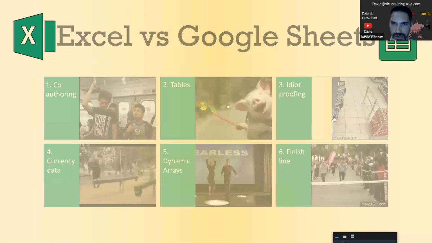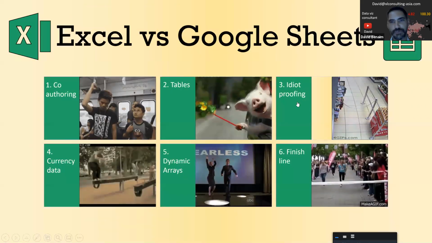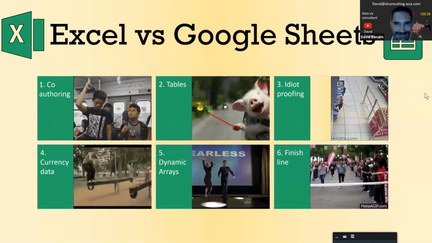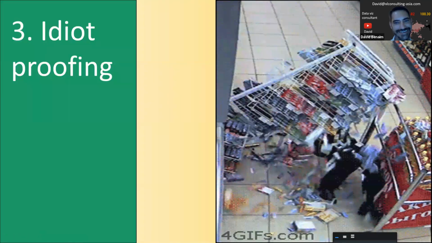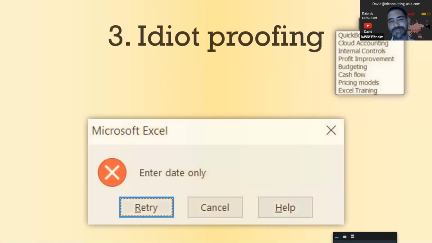Thank you. So next one, idiot proofing. Oh no, poor guy. So idiot proofing is in my lesson what I call data validation. People don't use data validation enough. 88% of Excel spreadsheets have errors in them, and so many of those are to do with data validation.